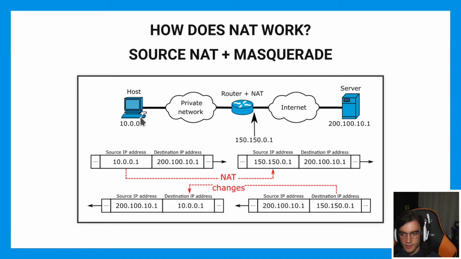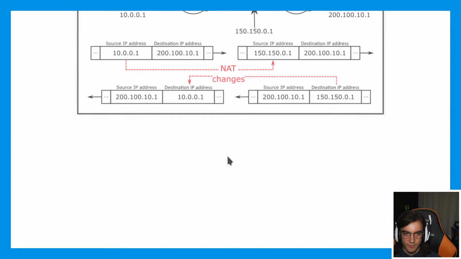And the big problem with this kind of NAT is that it breaks the fundamental principle called the end-to-end principle, because as far as the server is concerned, all the hosts behind the NAT can reach it. But the server cannot directly reach this host behind the NAT anymore. And as far as the server is concerned, all of the devices behind this NAT are identified by the same IP address. So there's no way to easily, uniquely identify all of the hosts behind this NAT.